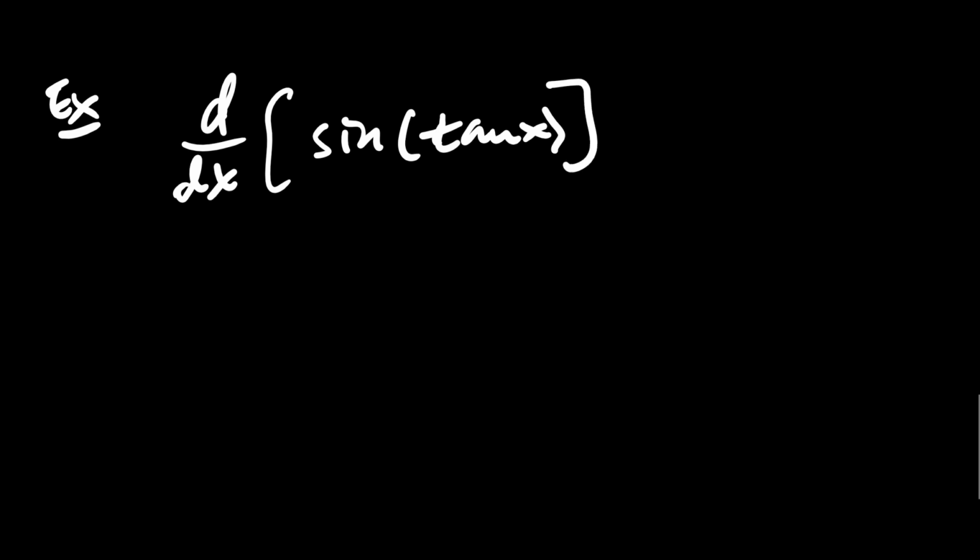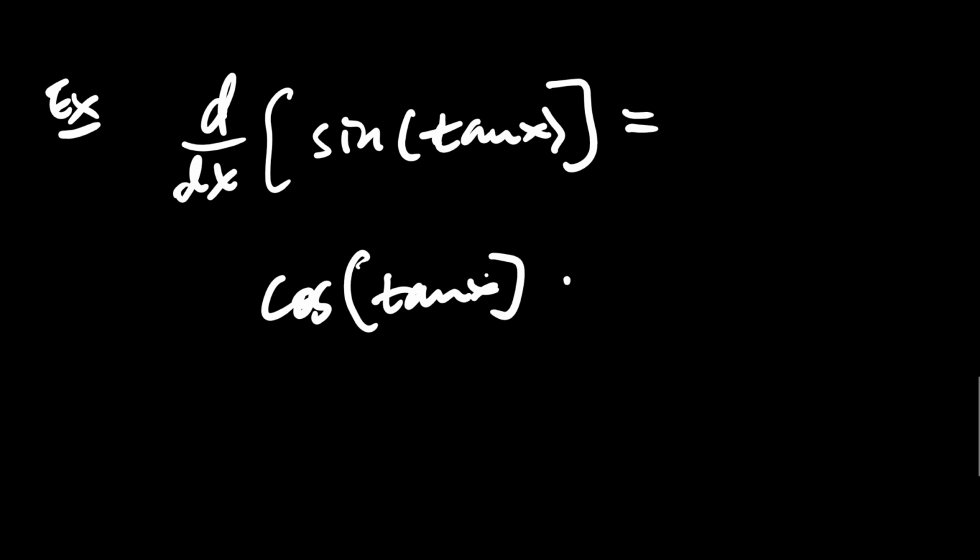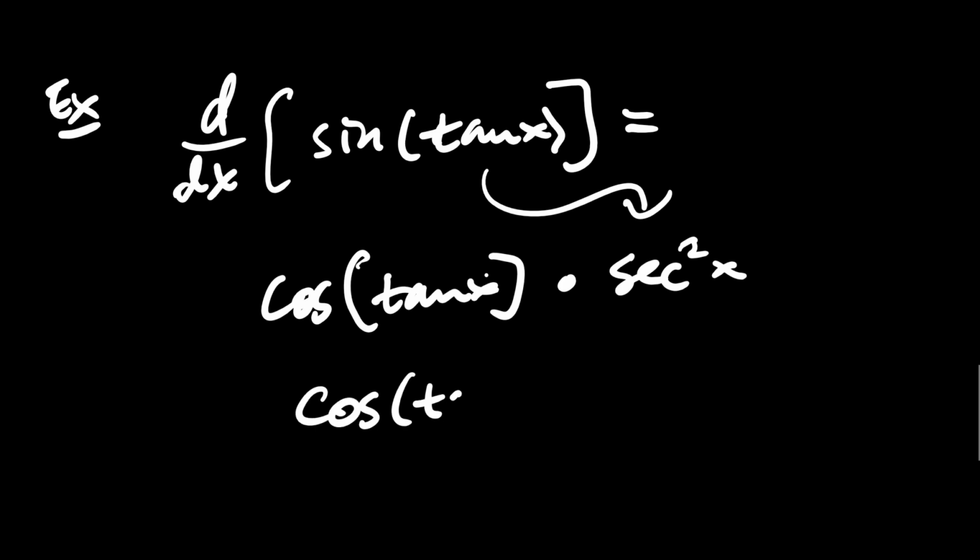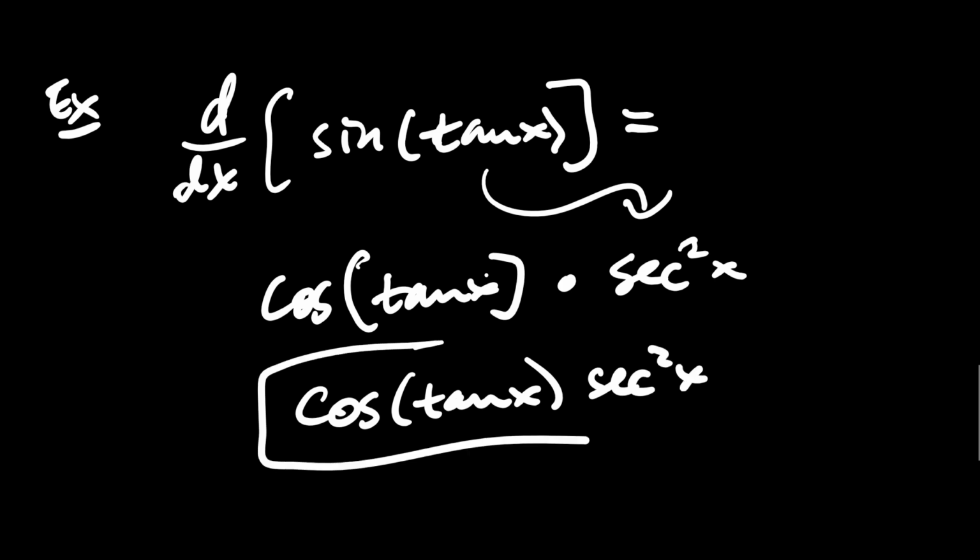The derivative of the outside function would be cosine, since the derivative of sine is cosine. You plug in what you had before, that's tangent, and now you multiply times the derivative of the inside function, that's secant squared of x. And I would just leave it like this: cosine of tangent of x times secant squared of x.